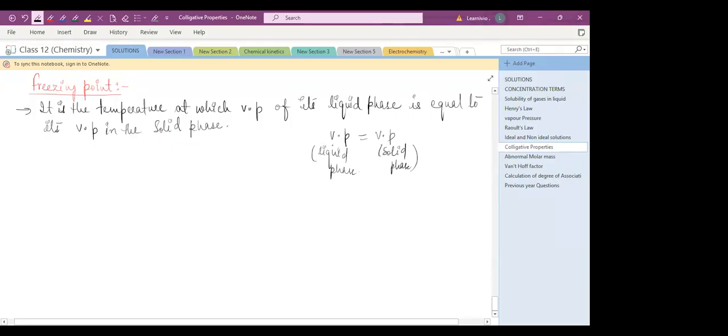Now, depression in freezing point is a colligative property, so it must depend on the number of solute particles, right?